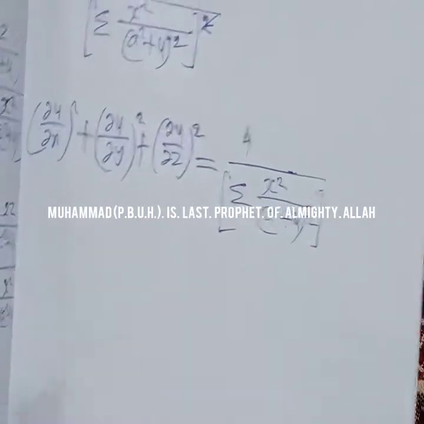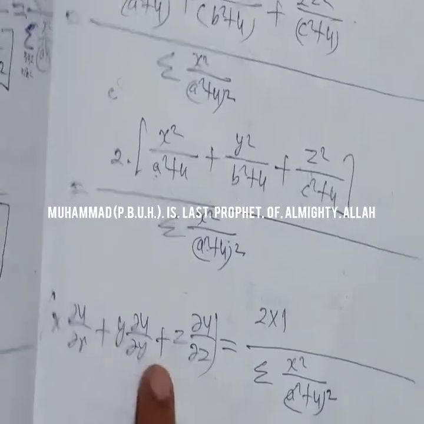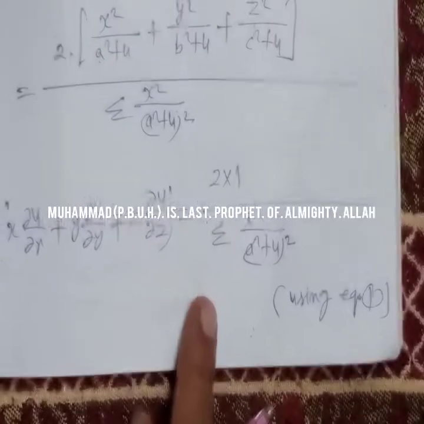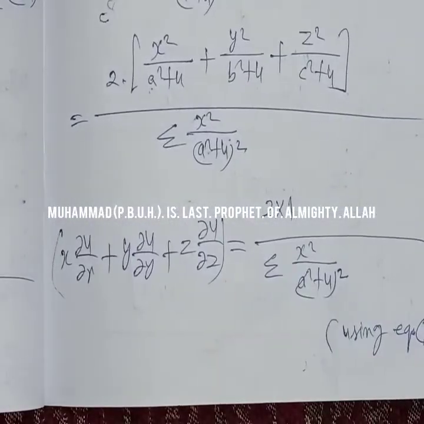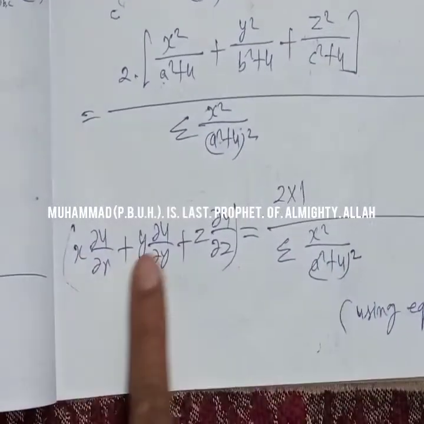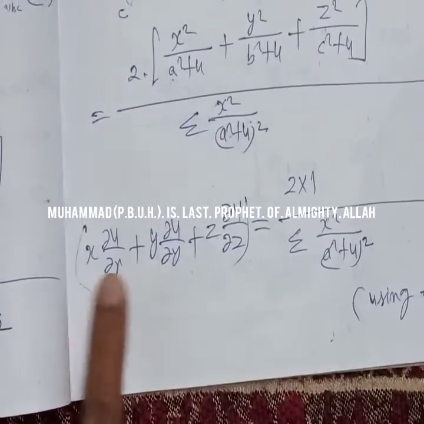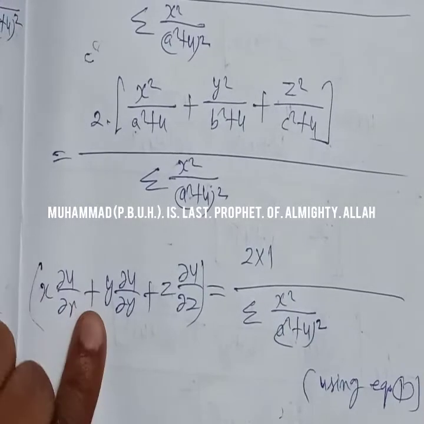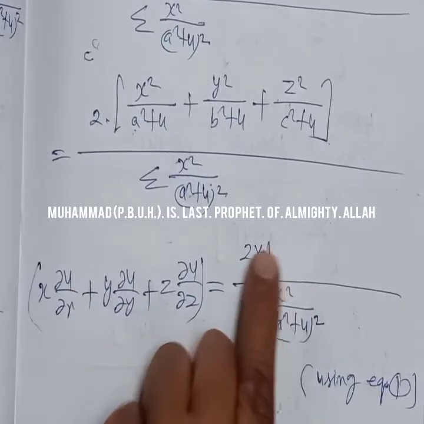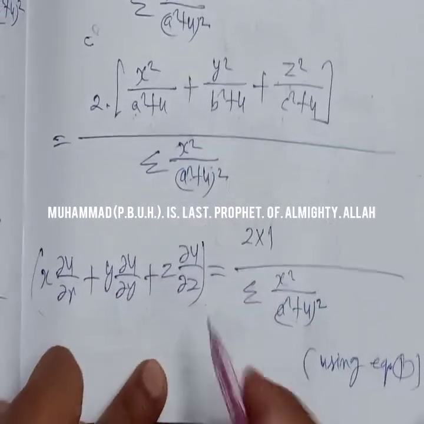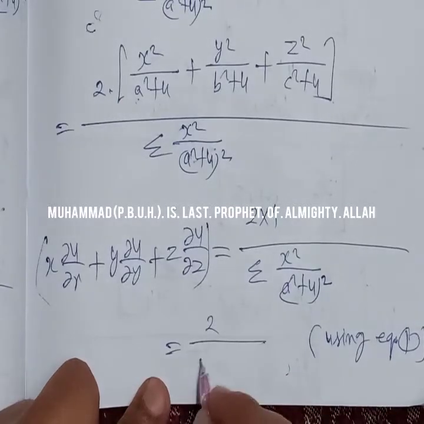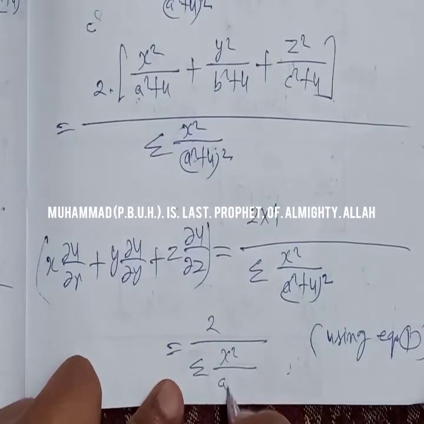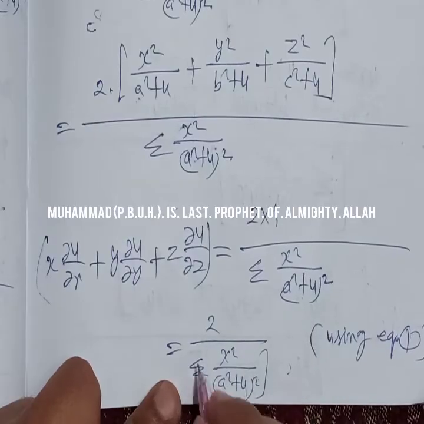Now we will find, we will use this value. We want to connect that value to this value, because it appears in right hand side in proof. So this value, which is nothing but 2 upon sigma x square upon a square plus u whole of square.